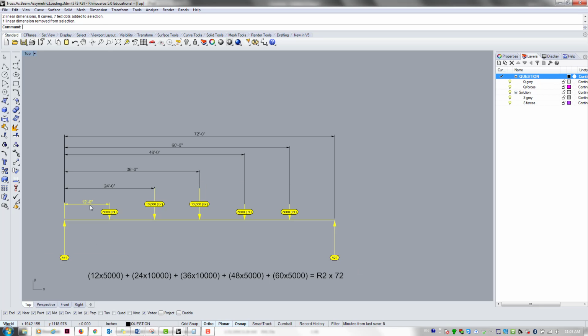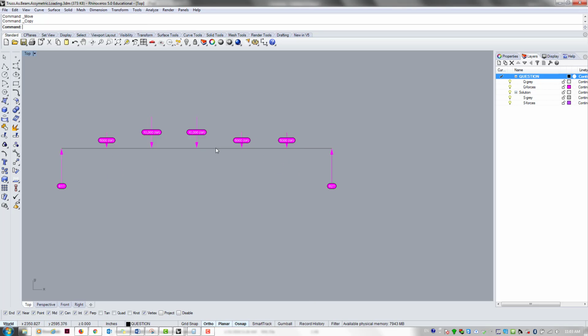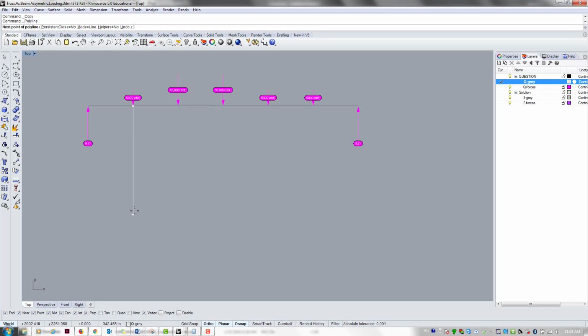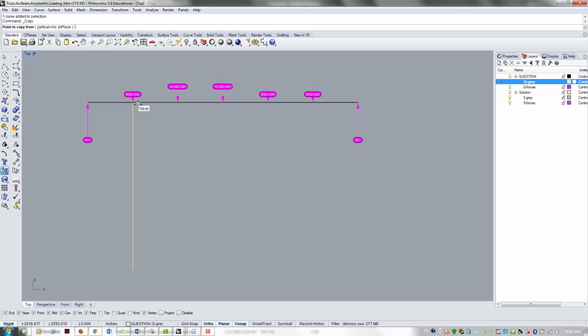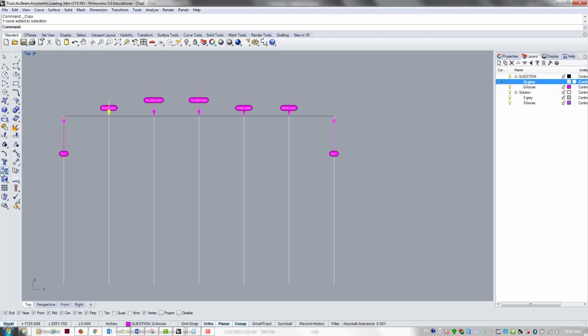So that's one way. Another way, which I'll show to you guys who didn't take Structure 1 with me, is similar. We can do it completely graphically. I'm just going to need these lines for later, but first thing to do is copy all of that, 5,000, 10,000, in order.